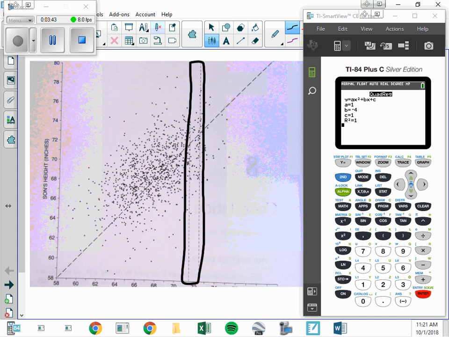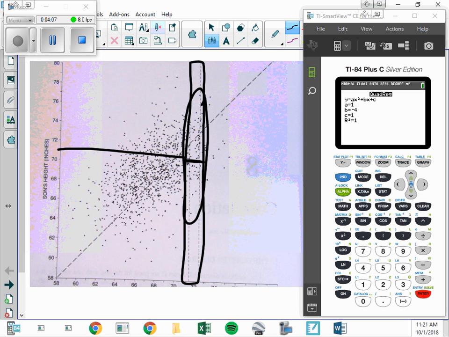Okay, now notice, in this, it called it a chimney. I'm going to call it a column. In this 72-inch father column, what does it look like the average height of the sons would be? So if I were to take this blob here and cut it in half, I would end up somewhere in there, 71 inches. Maybe 7.